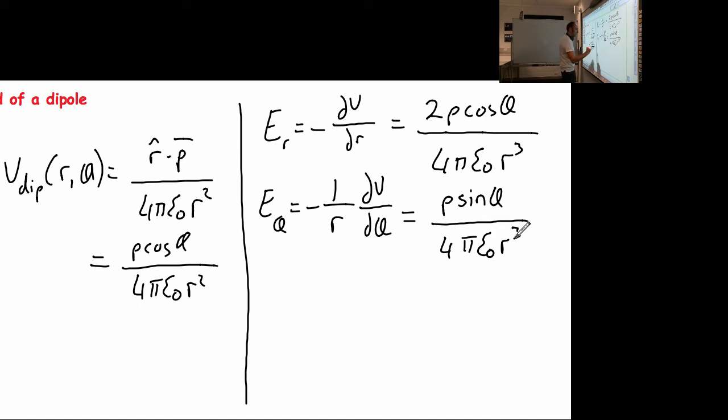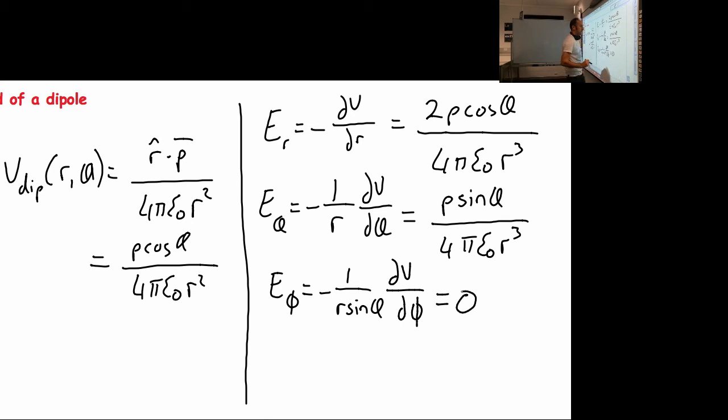And in the phi direction, it will be minus 1 over r sine theta dV d phi, which is going to be equal to 0. Okay, so you can see that our electric field will be dependent on r and theta.